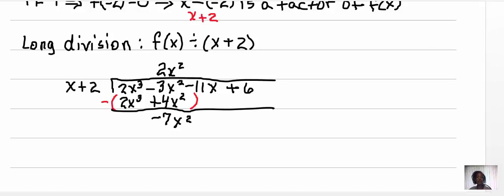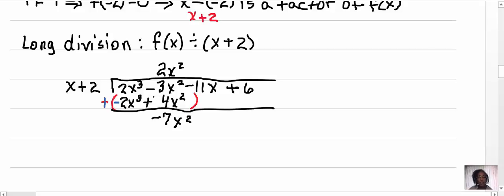Now what some people like to do is they like to change this to an addition. And you can do that as long as you change the sign of everything that you were subtracting. So remember, this was a plus.